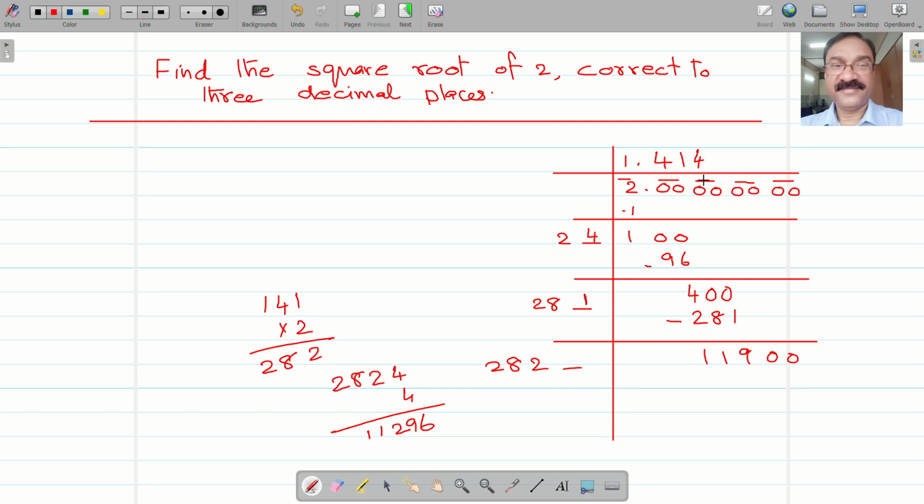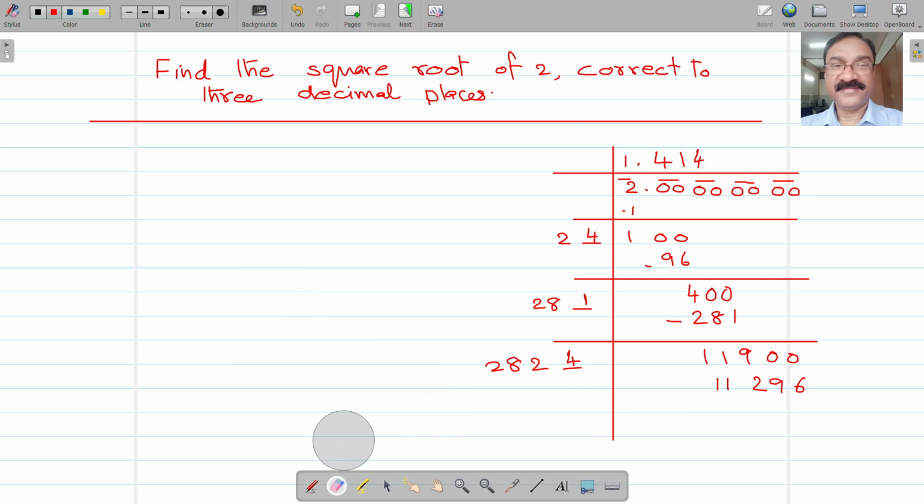I get 4 in the quotient. Subtracting 11,296, I will get 604.